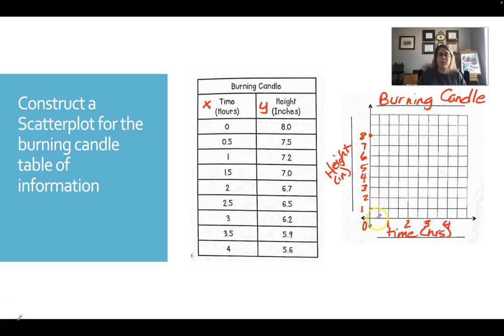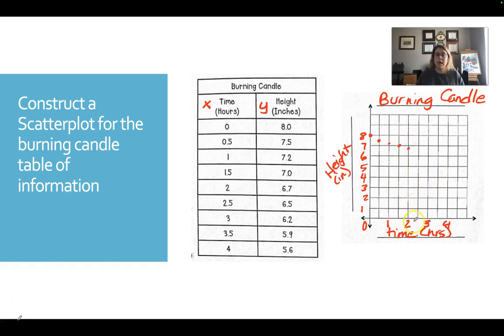A half hour after we start doing it, the candle has moved to 7.5 inches. So about midway between 7 and 8. At 1 hour, it's at 7.2, so it's just a little bit bigger than 7. At 1.5 hours, we're down to 7. At 2 hours, we're at 6.7, so make sure you're more than midway.